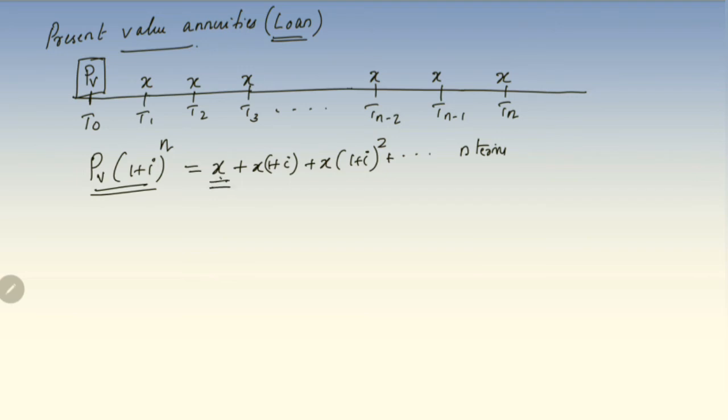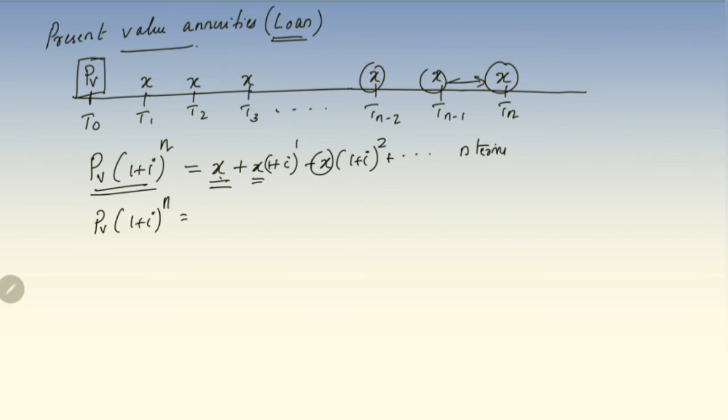So this x is this one without interest. Then the next x is this one with 1 month interest, that is 1 plus I to the power 1. Then this x is with how many months? 2 months interest, and it goes n times. So the present value, the loan amount 1 plus I to the power n.